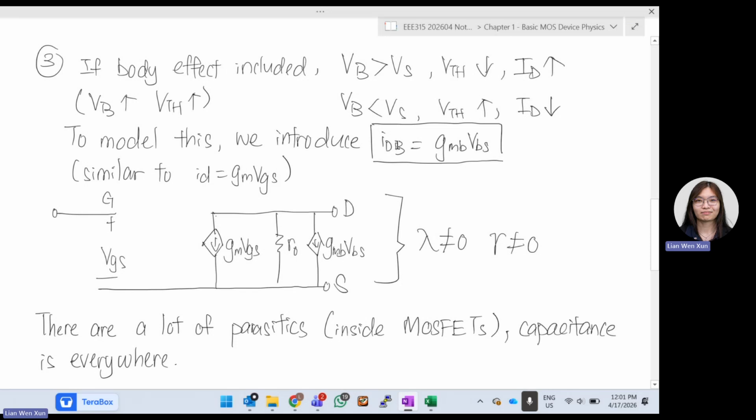We add one more current source. This drain current also flows from drain to source, either positive or negative. It depends on how we connect our body. So this one we will call gmb·VBS because it depends on your body to source voltage. And this gmb is how much the body voltage can affect the current.